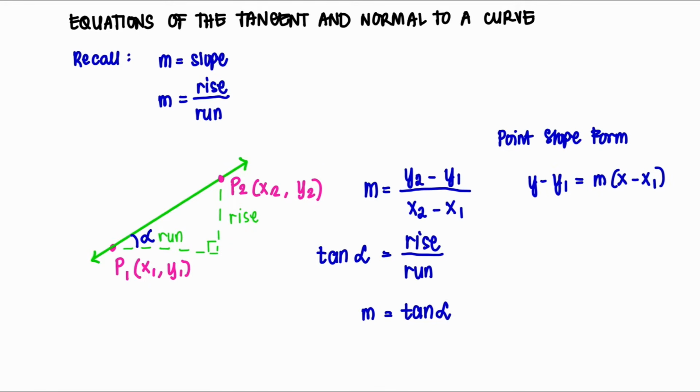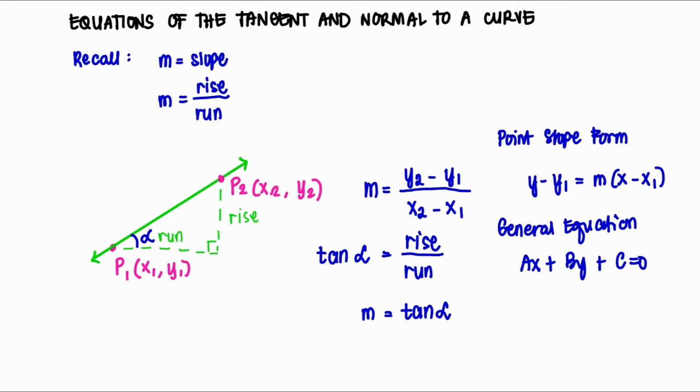From this point slope form, we can derive the general equation of the line, which is ax plus by plus c equals 0.